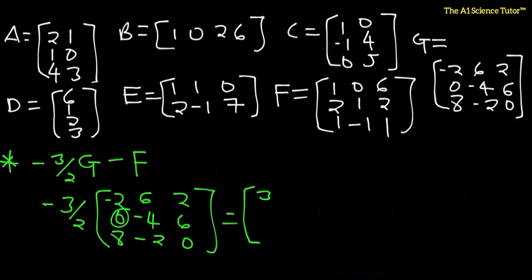Now for the second entry in column 1, we have this whole stuff multiplied by 0, which should stay as 0. Now this is going to be -3 multiplied by 8 in the last entry of the first column. So if you have -3 halves of 8, what is that going to give?